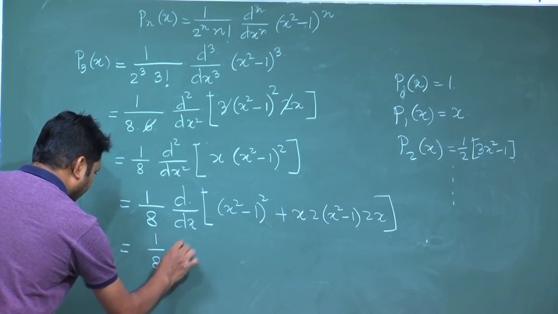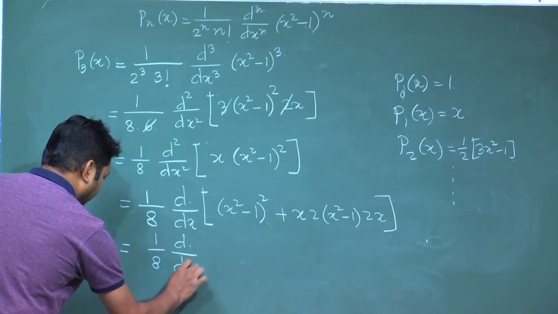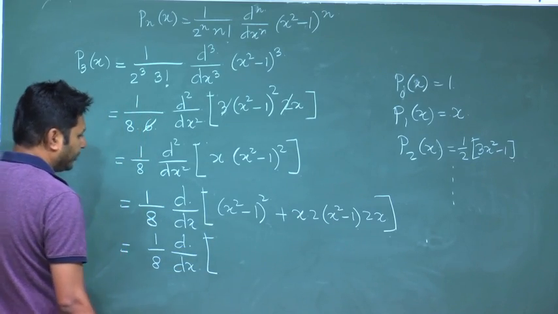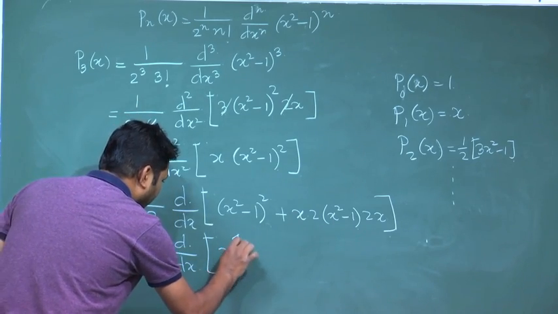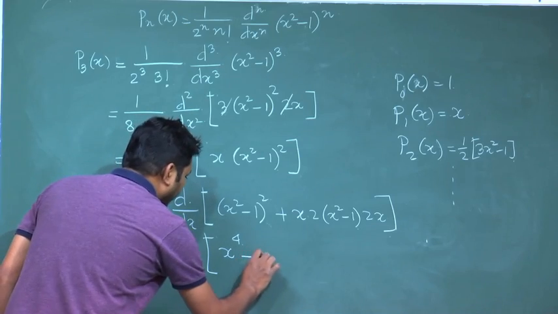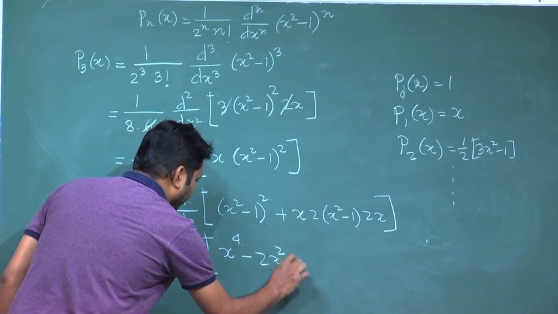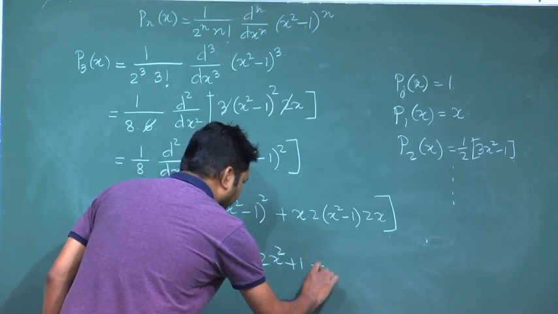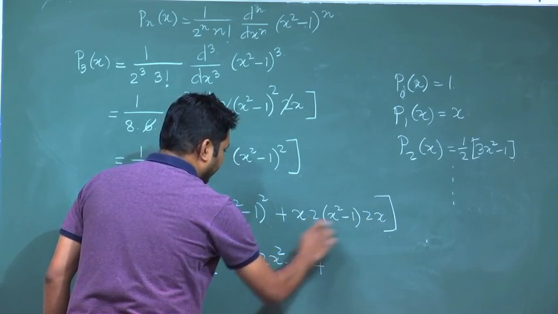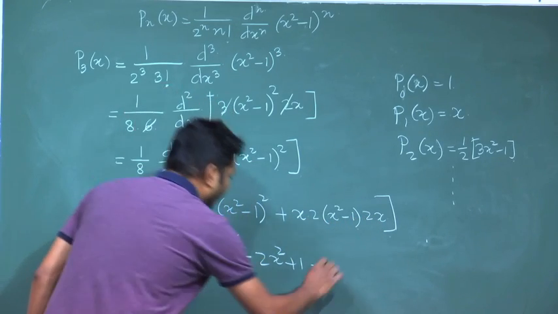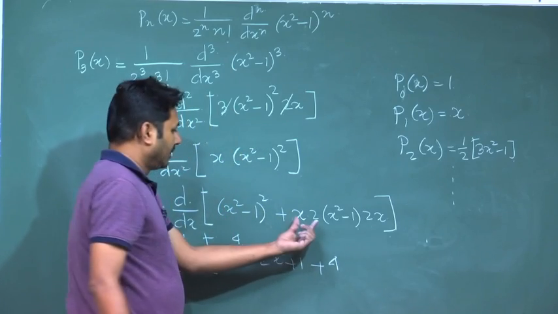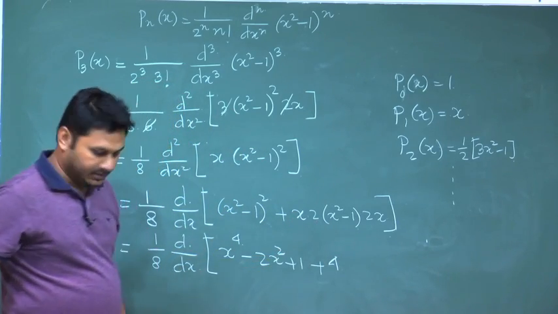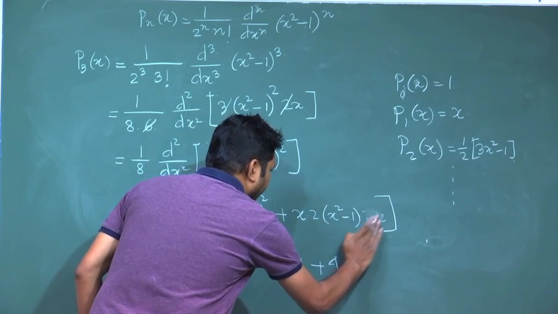1 by 8 d/dx of, if I expand it, it should be x to the power 4 minus 2x² plus 1, this is one term, and the rest term is plus 4x². 2 into 2 is 4, let me write it in this way.